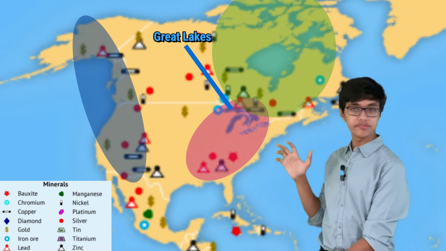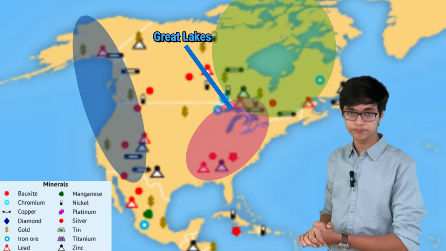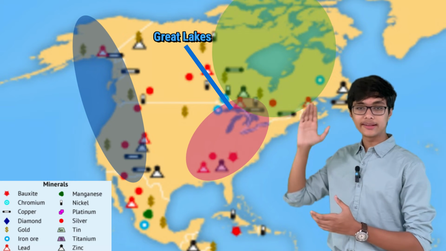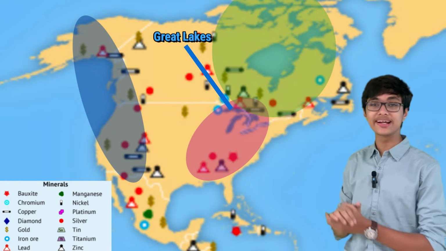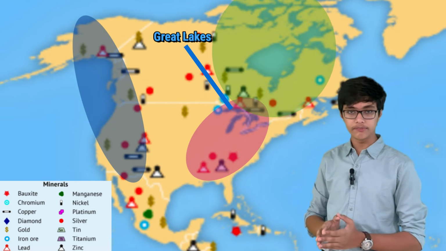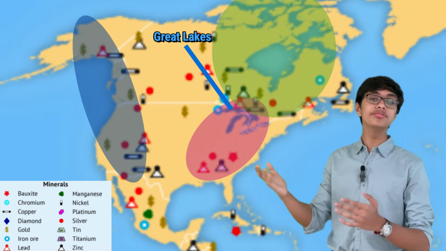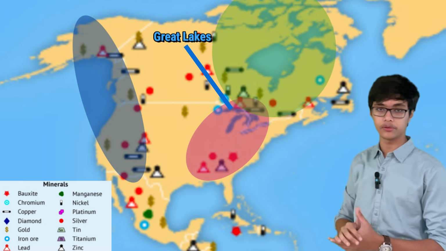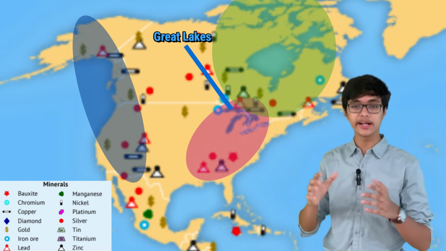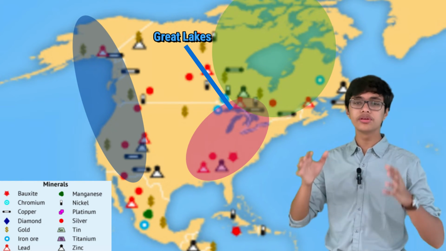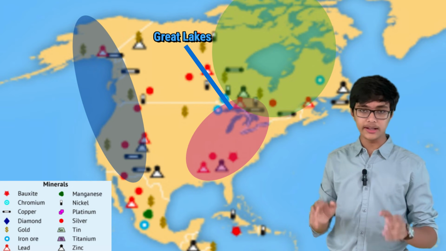In North America, I've divided the map into three different parts for you. So the part which is at the north is called the Canadian Shield region. Now remember, it is present above the Great Lakes, which are also marked on this map. The Great Lakes are basically a network of lakes and rivers which are extremely important for trade in North America.